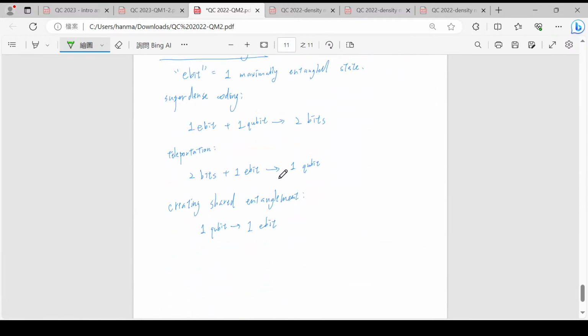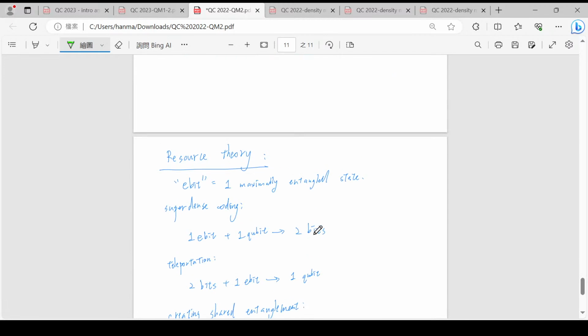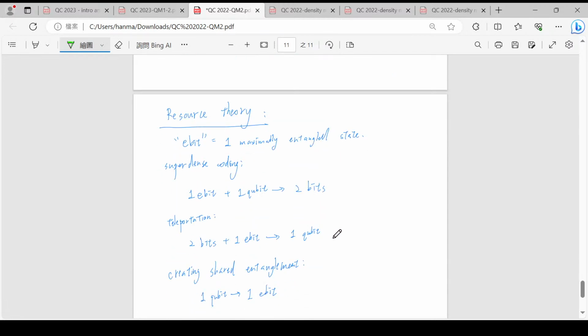Okay. So let's talk a little more about this, then let's start a little bit on density matrices. We have a bit of a resource theory here. We can think about how we use our resources during communication. So what are the resources we use in communication? Basically, how much communication we do, and also we can view the shared entanglement as a kind of resource in communication.